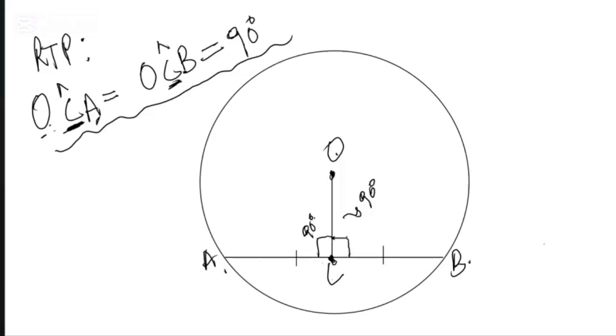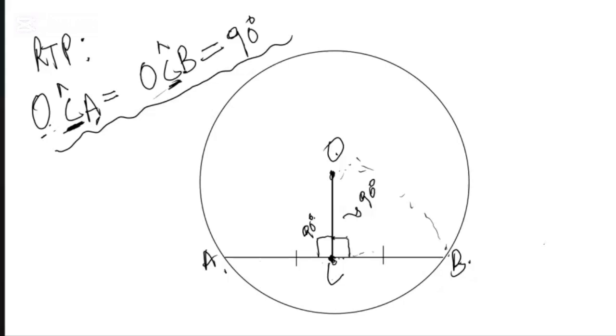When we stand at C there, we can see that this angle is enclosed by this part, which is OB, hence subtended. So now this is our required to prove.